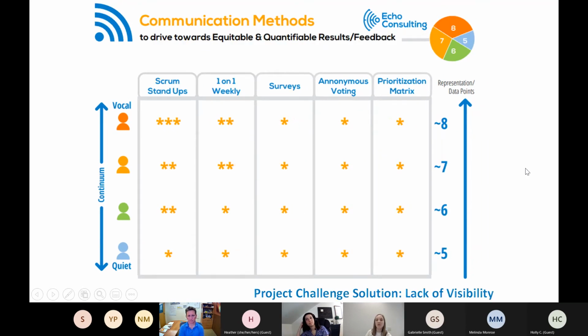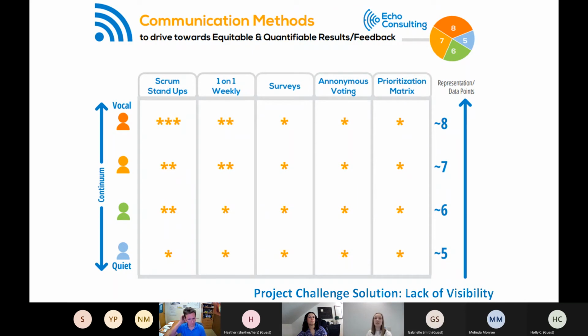So what we want to offer here in terms of providing a solution is different opportunities or different methods for communication. So Scrum stand-ups, one-on-one weeklies, doing surveys, anonymous voting, prioritization matrix. So what these different methods do is it really allows those team members that might be more introverted or quieter, but really have a lot of valuable, important feedback to have more equal opportunity.